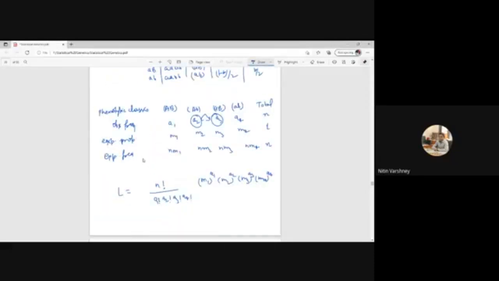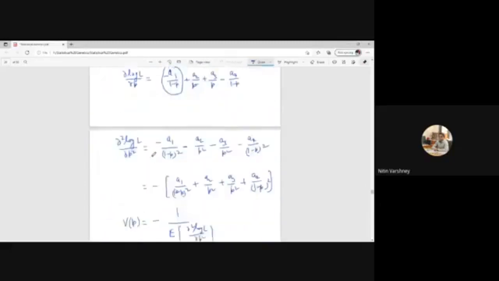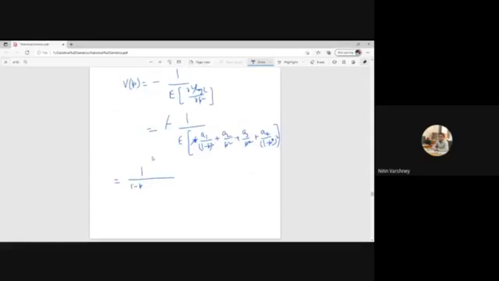So we will get the expected value as n m1, n times 1 minus p by 2, upon 1 minus p whole square, plus p by 2 times n upon p square, plus p by 2 n upon p square, plus 1 minus p by 2 n upon 1 minus p whole square. So this will cancel out 1 minus p.